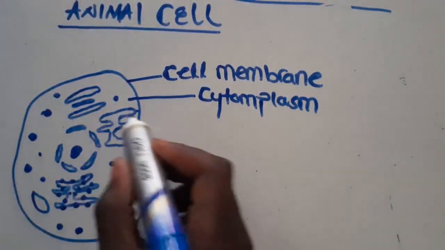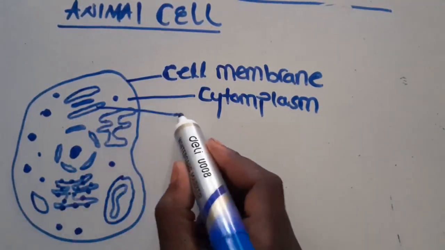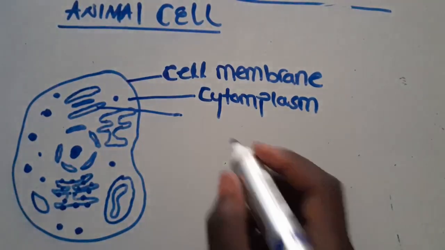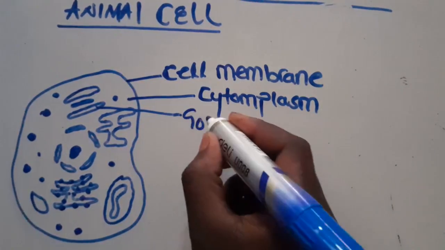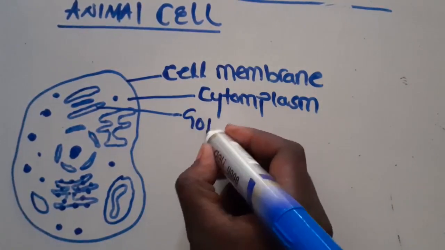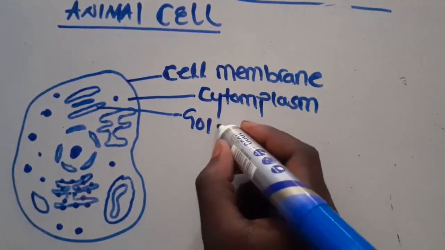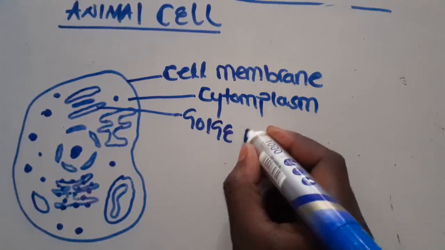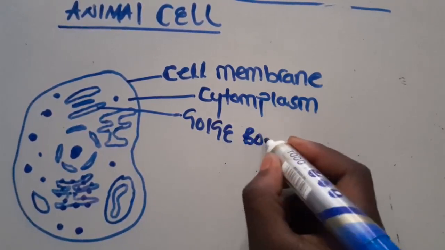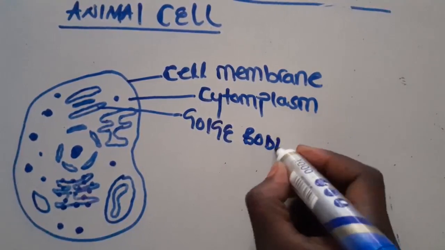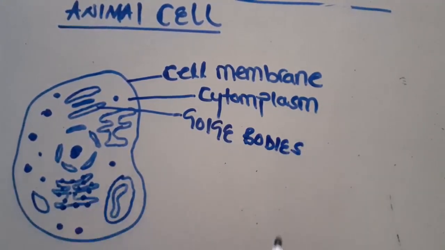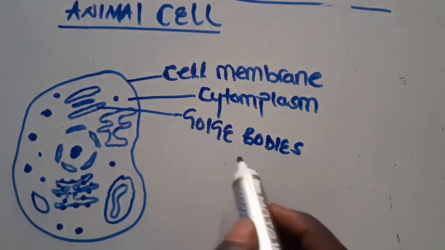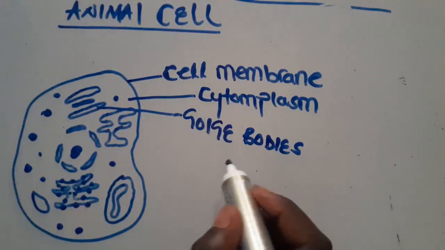But inside the cytoplasm, we are able to see these parts inside. So this part is called the Golgi bodies. Some books will say the Golgi apparatus, and it was just named after a biologist who discovered it.